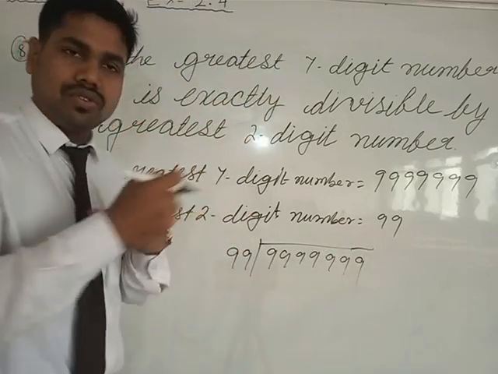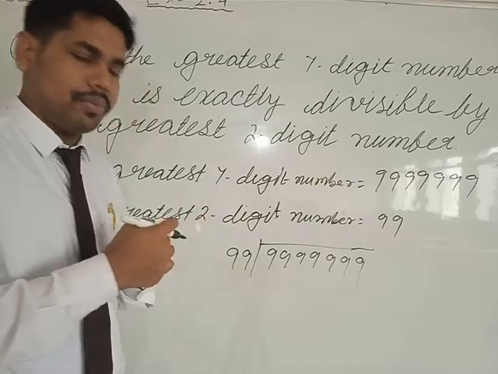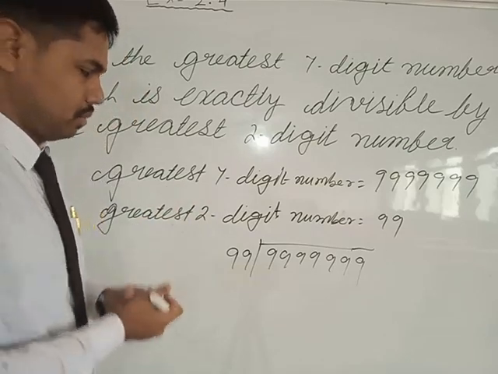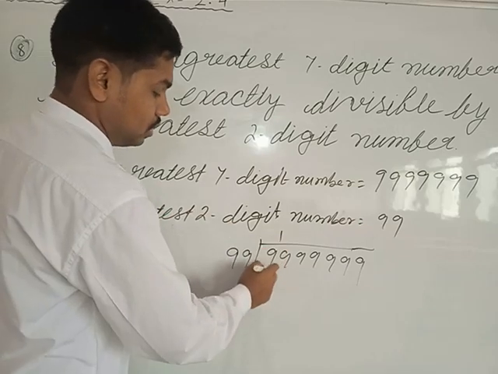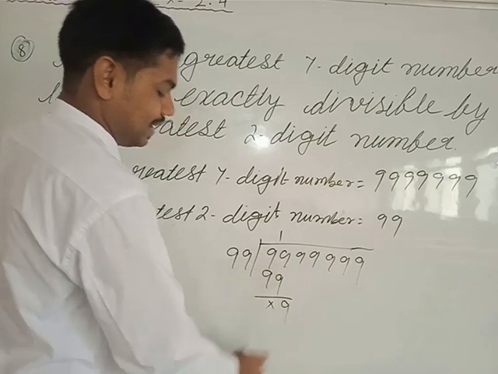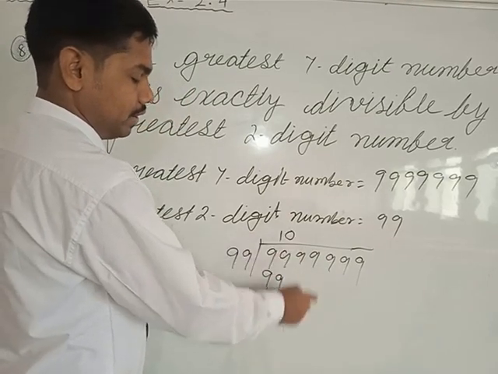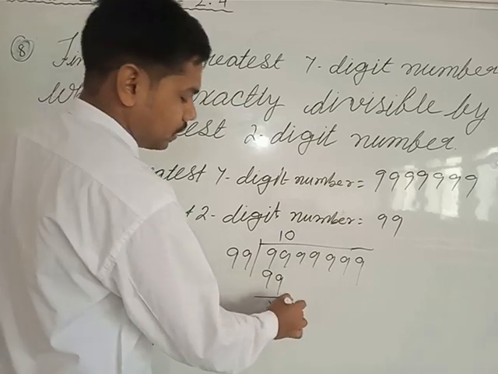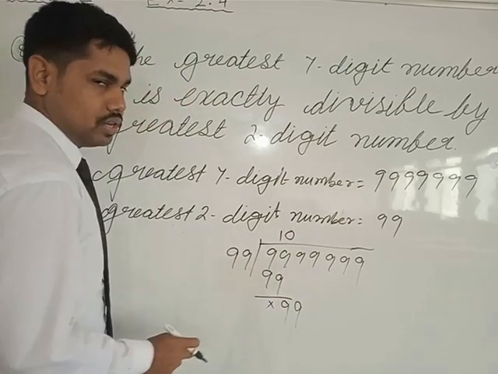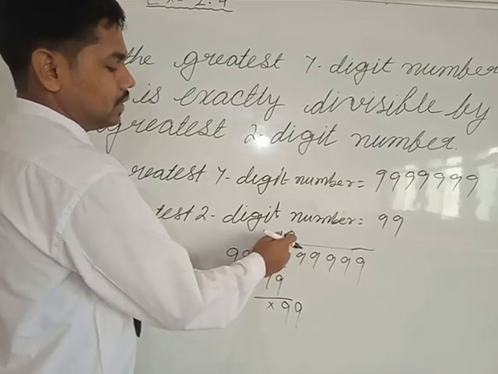Some of the students have doubts in division also, so please check properly how we divide this type of problem. 99 ones are 99. Here it is gone completely. Now the next 9 is carried. When 99 does not go into 9, we have to give 0 here, and then take 99. Some students don't give these zeros and directly take 99, and start with the next number instead of 0.